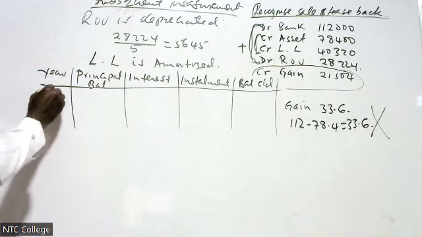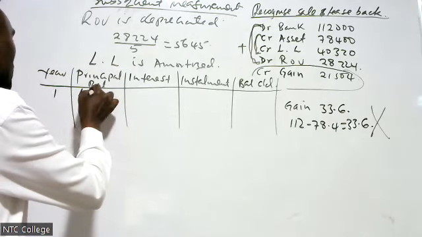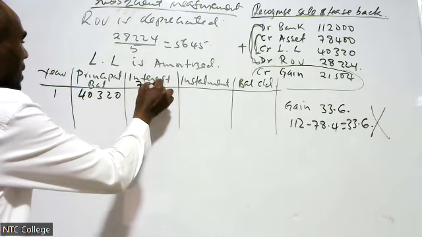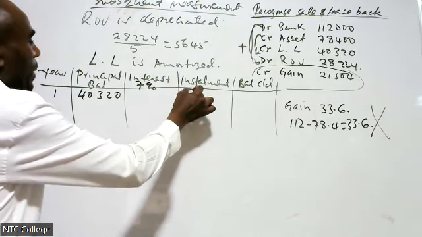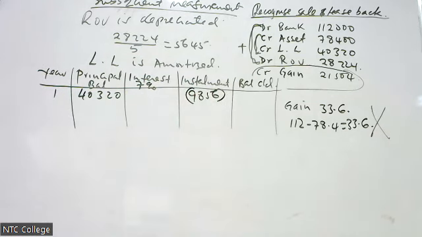Therefore, in year 1, my principal balance is the lease liability of 40,320. My interest is 7%. The installment that I'm paying is 98.56. This is the question, the examiner told us the installment is 98.56. Therefore, 0.07 times 40,320 gives 2,822.